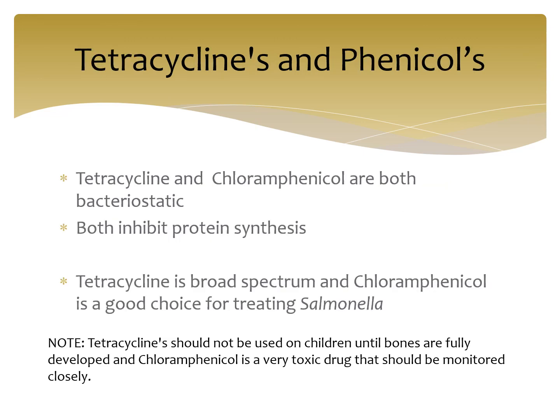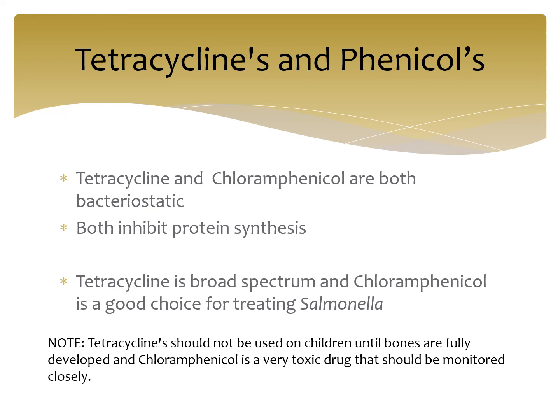This brings us to the tetracyclines and the phenicols. Okay, tetracycline and chloramphenicol are both bacteriostatic and they both inhibit protein synthesis. Tetracycline is a really good broad spectrum drug. However, you don't want to use it in kids under the age of 18 because their bones are still developing and it can actually turn their teeth brown.